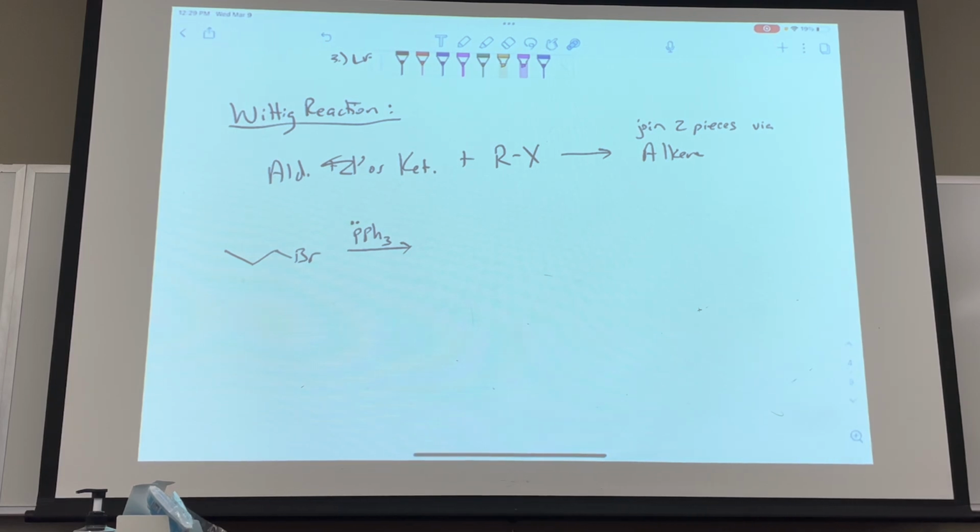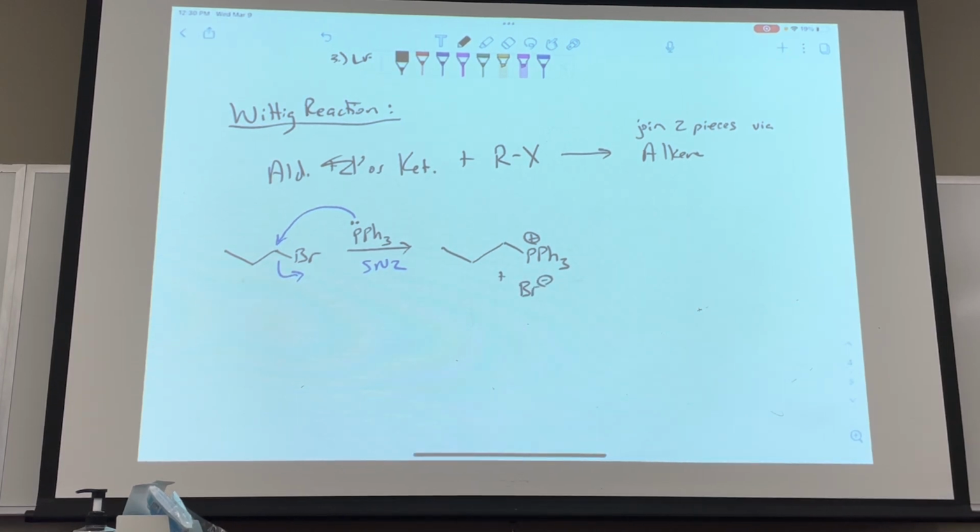And so what's going to happen is just a simple SN2 reaction. In the first step, the phosphorus is nucleophilic as a result of its lone pair, and it's going to go in and attack the alkyl halide and just kick out the good leaving group. So it looks something like this. And what that will result in now is that, plus Br minus.